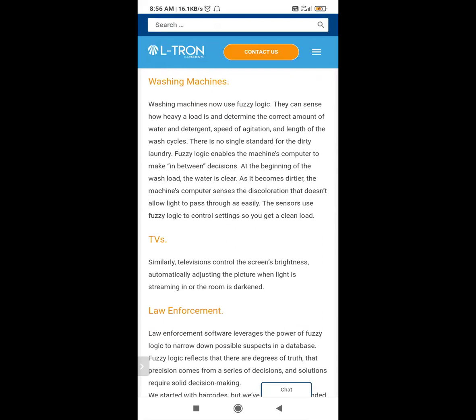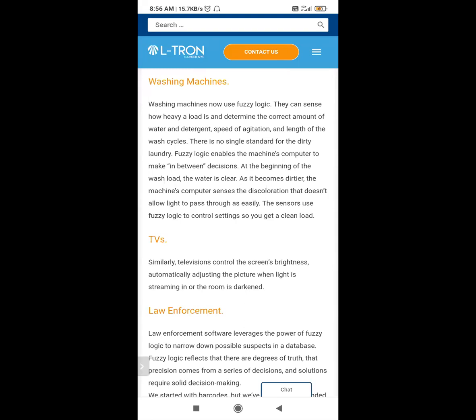We just switch on the washing machine and select the mode present there. Right away the washing machine searches for the number of clothes put in it, and how much water and how much detergent are to be allowed.